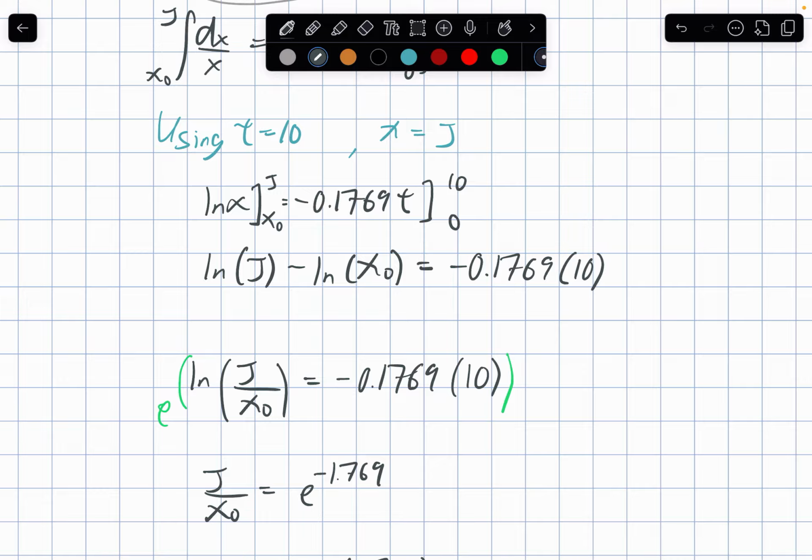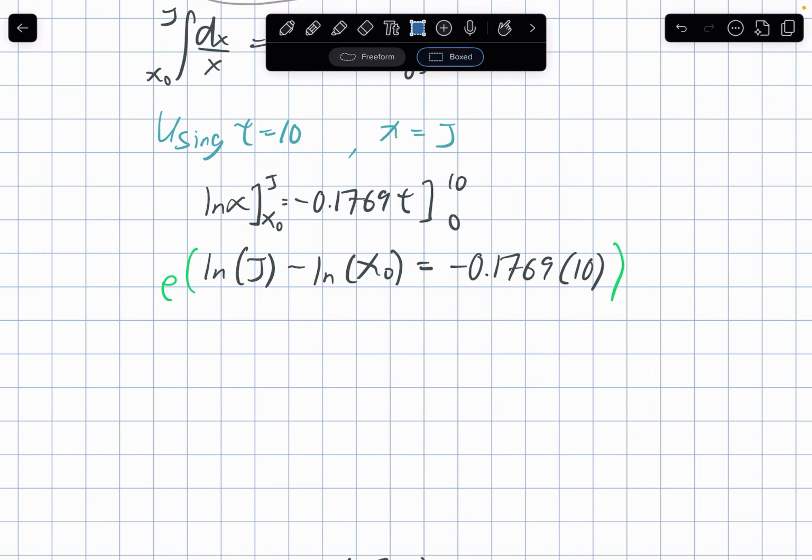And then apply e on both sides. J minus x sub o is equal to negative e raised to negative 1.769. Again, this is 0.1705.